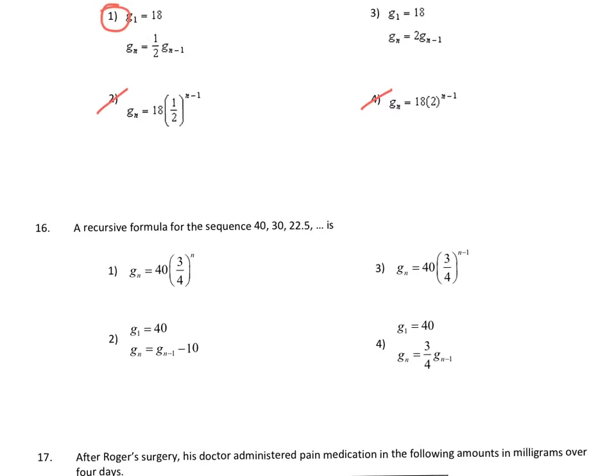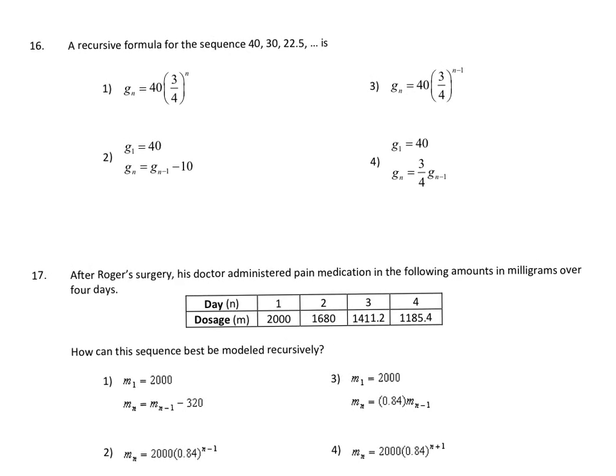All right, number 16. Number 16 also asks for a recursive formula. A recursive formula has to have 2 sentences like we do in choice 2 and 4. If they just give one sentence, that can't be a recursive formula. So I'm going to just cross off choice 1 and choice 3.